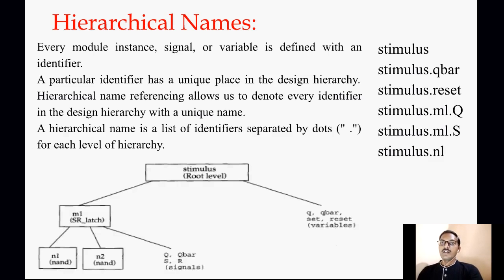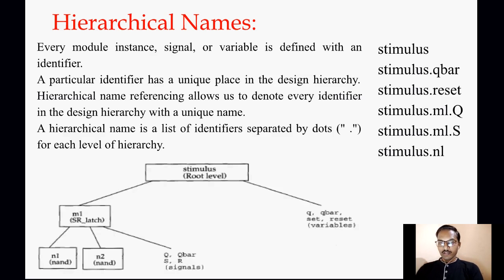A hierarchical name is a list of identifiers separated by dots for each level of hierarchy. You can see this hierarchy: stimulus, then stimulus.q_bar, stimulus.reset, stimulus.m1.q1, stimulus.m1.s, then stimulus.n1.